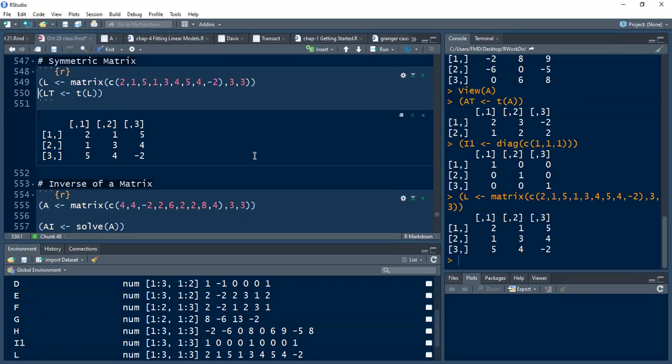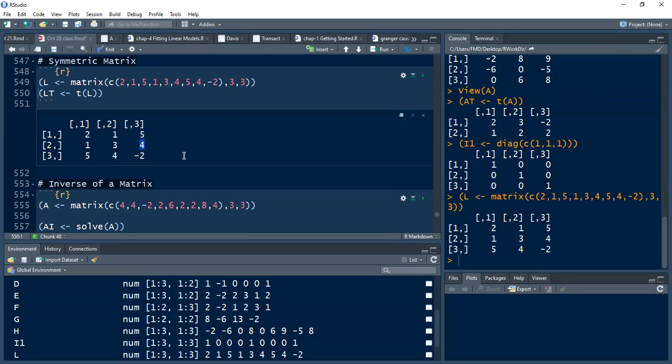So the mirror image of 1, 2 is 2, 1. And you notice that they're the same. The mirror image of 3, 2 is 2, 3, and they're the same. Okay? So this is what I mean by a symmetric matrix, where the mirror images are the same.